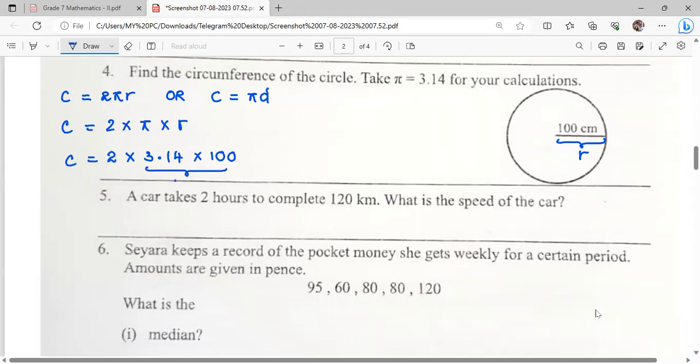So then my answer will be 314.0. Then that 314 I multiply by 2.